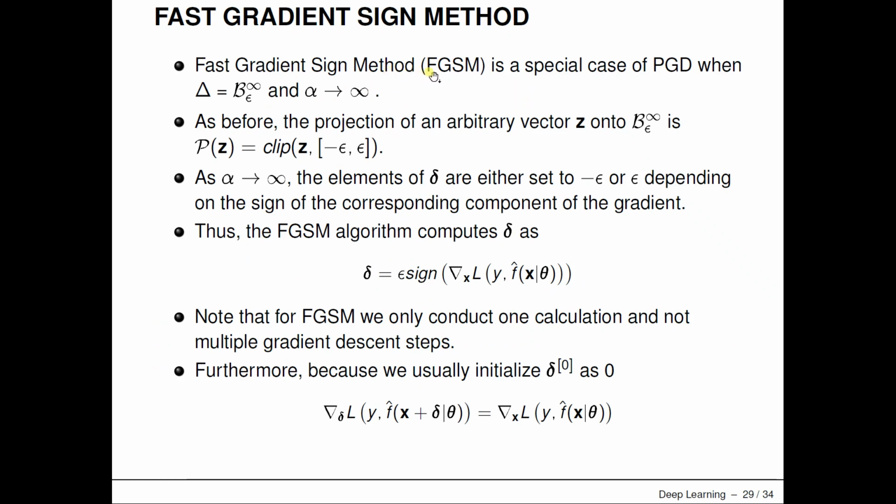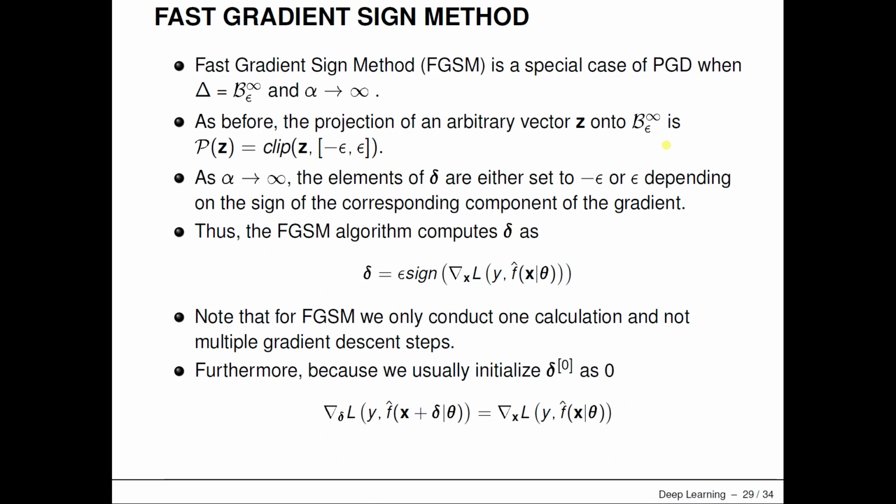Finally, we will discuss another adversarial perturbation generation method that is named fast gradient sign method, or FGSM. It can be considered as a simplification of PGD via fixing the perturbation space to the epsilon ball and forcing the perturbation to be always either plus epsilon or minus epsilon, depending on the sign of the gradient.